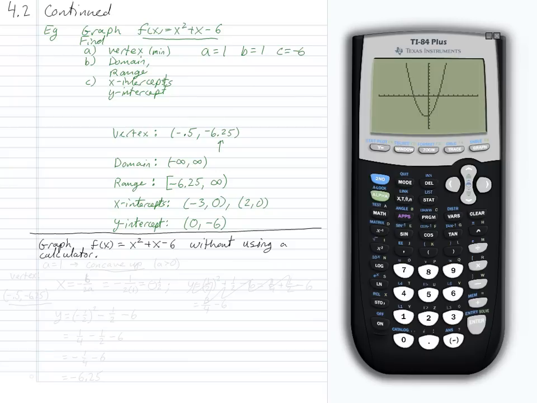The first thing that we want to do is determine the concavity. Well, we know that a equals 1, so that tells me this is concave up, because that coefficient is positive. Alright. Secondly, we want to find the vertex.